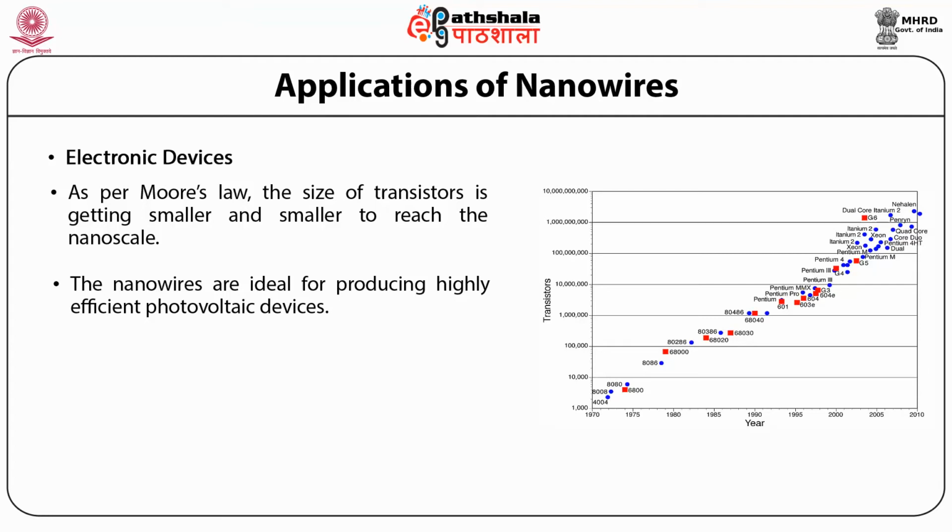The nanowires, with unique one-dimensional structure and excellent optical properties, are ideal for producing highly efficient photovoltaic devices.